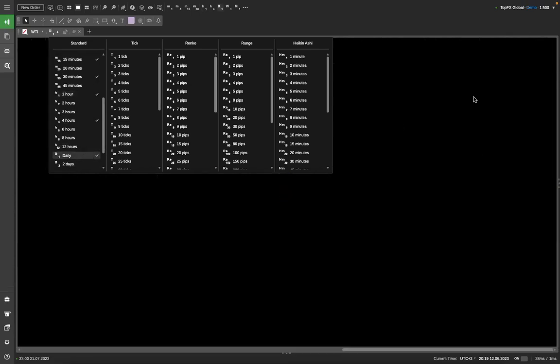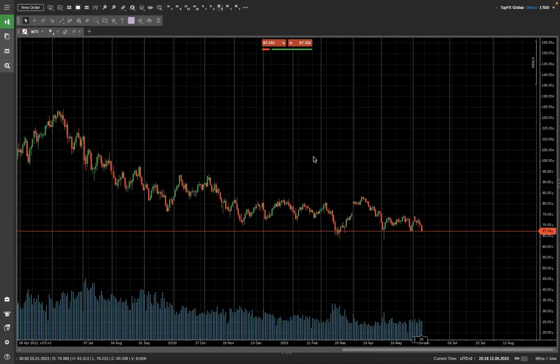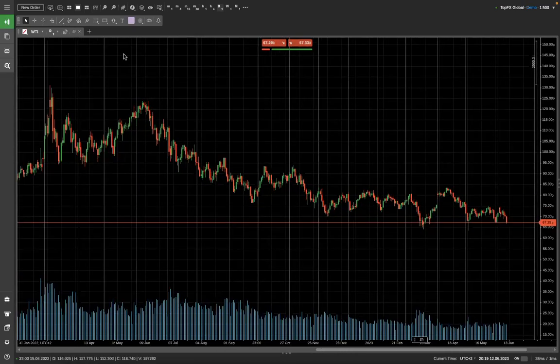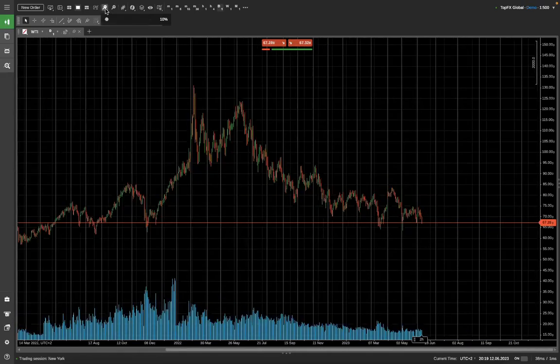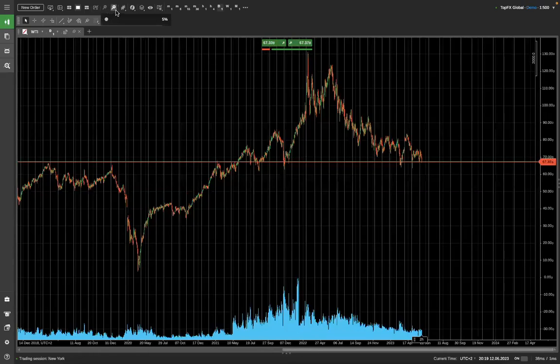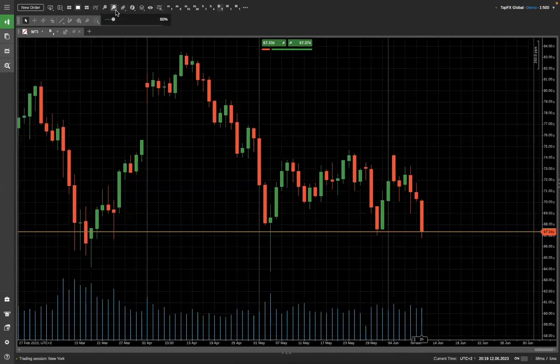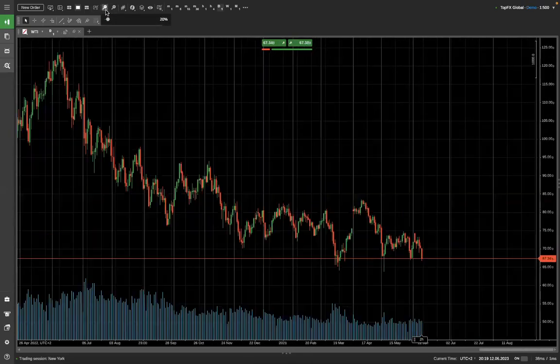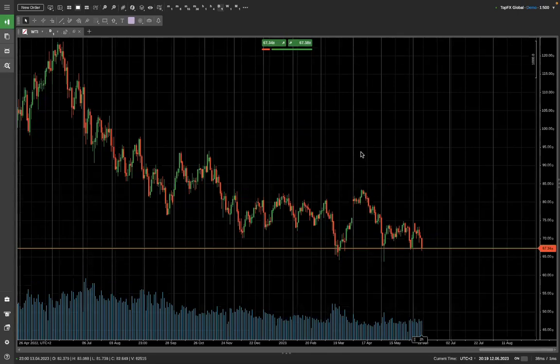So this is crude oil. If we do this, we can clearly see that this market is trending down. Maybe it will be a good market to show you how the trend line works. Let's zoom into our current market conditions.